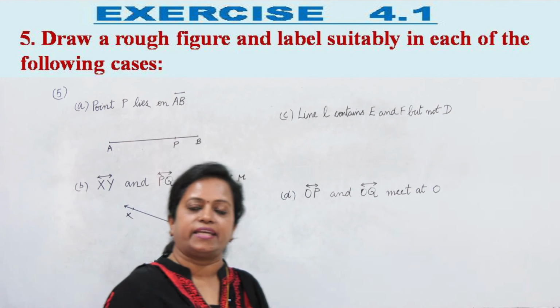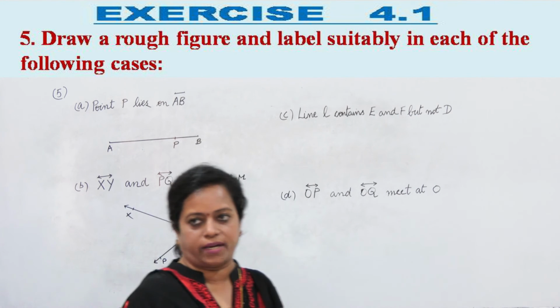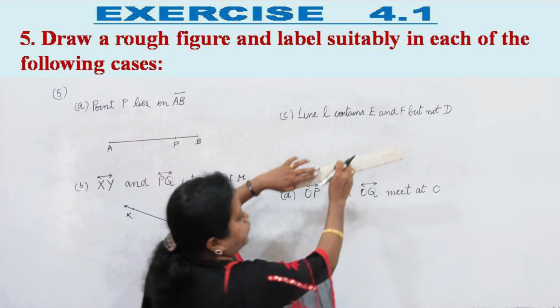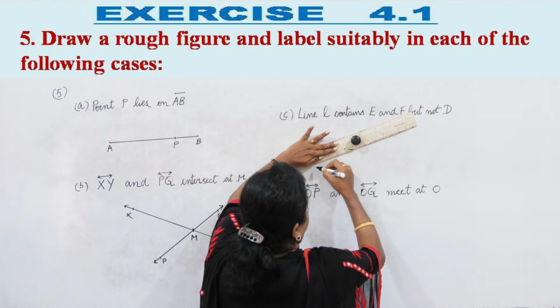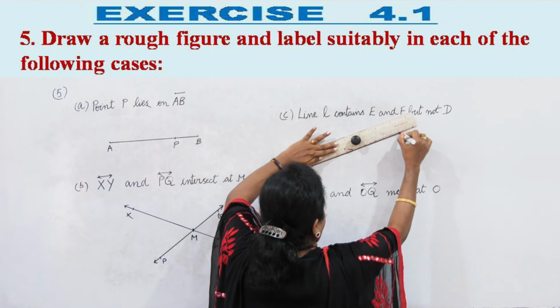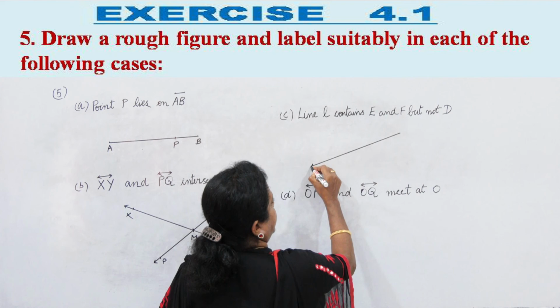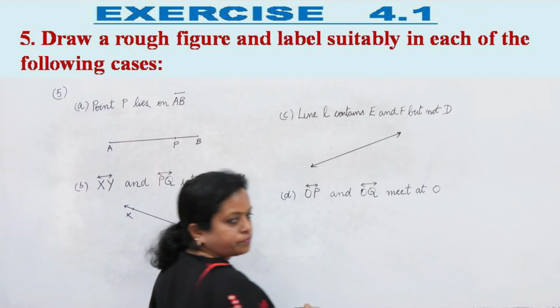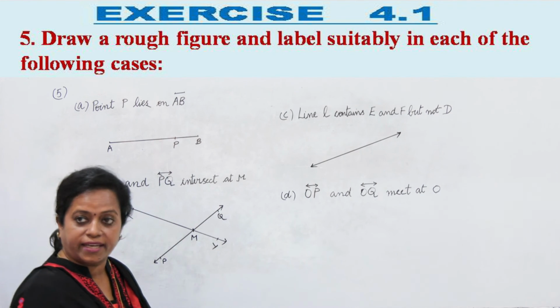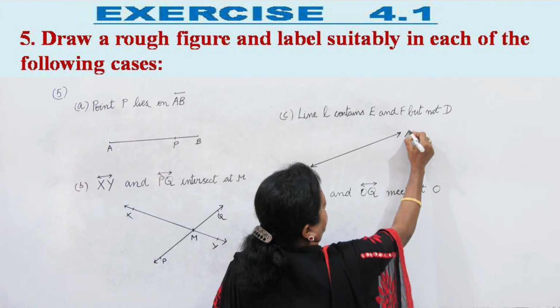We learned that line can be represented by using a small letter also, any small letter of the English alphabet. So I will draw a line and I will name it according to the question that is given. In the question, the name of the line is L. So what name will I give?